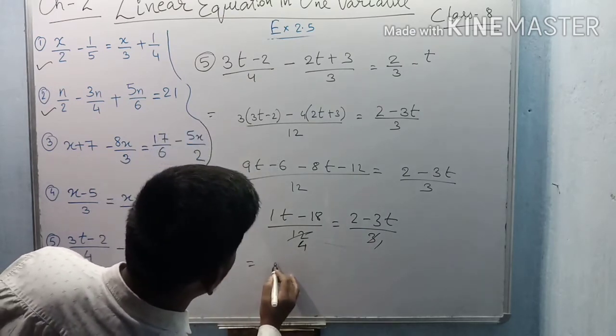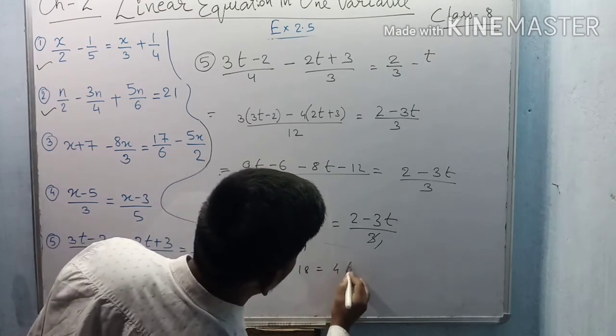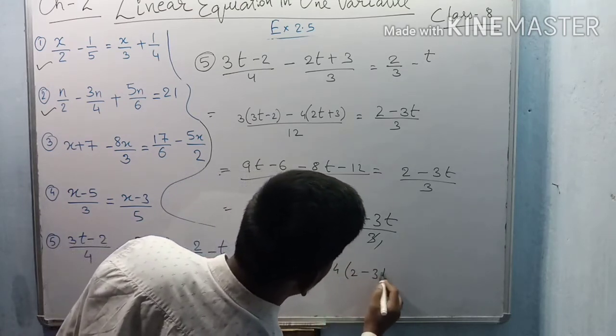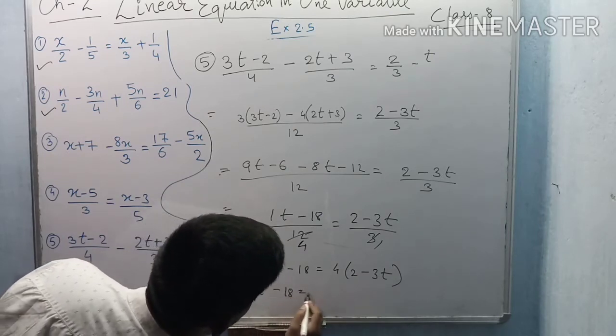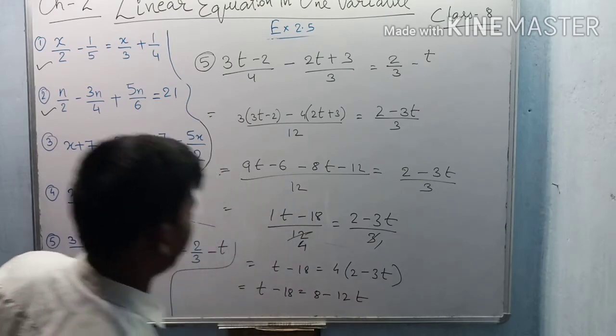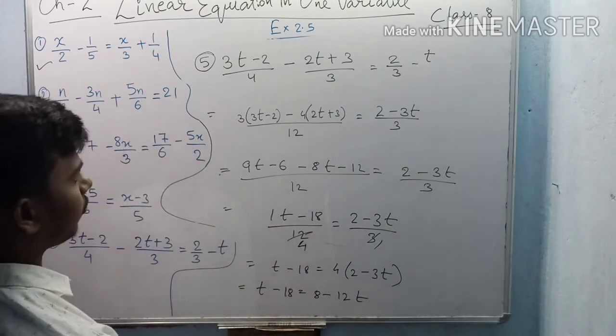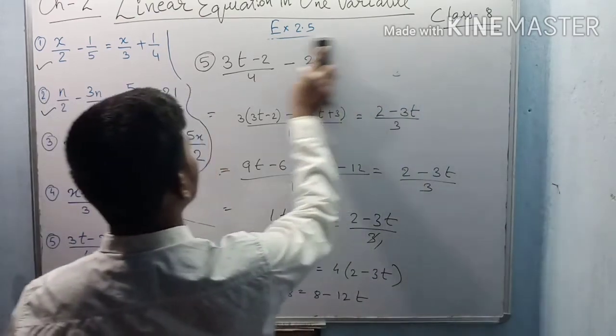So t minus 18 equals 4 into (2 minus 3t), t minus 18 equals 8 minus 12t.